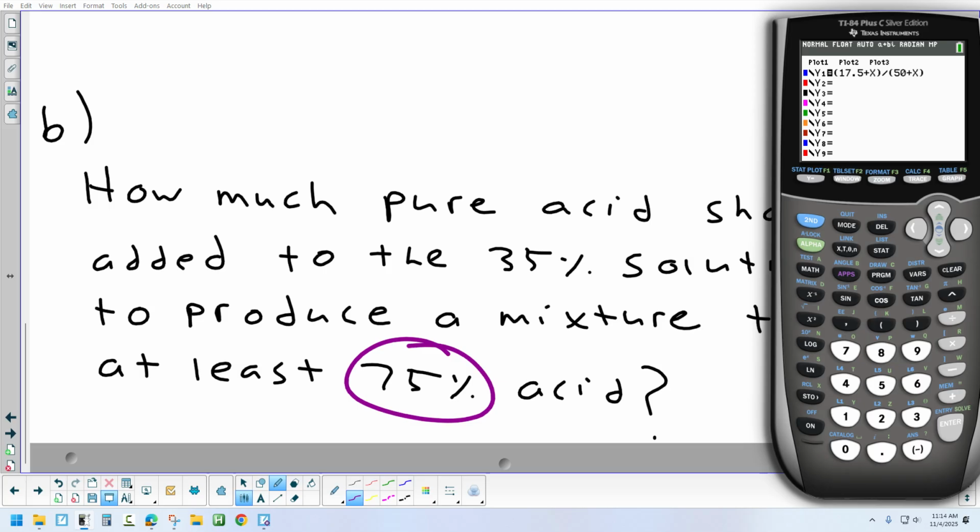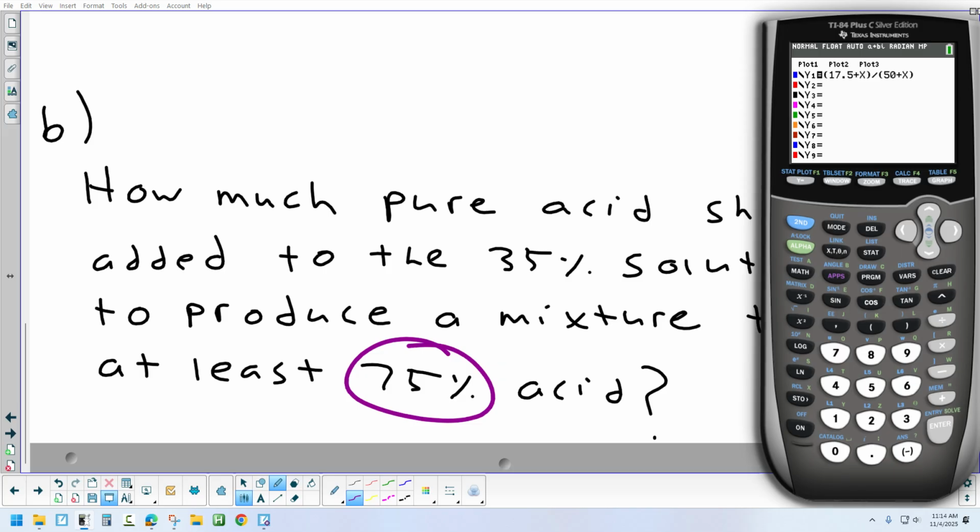It could approach 0 for the concentration of the water. If you kept adding acid, the concentration of the water would get closer to 0 because the acid would get closer to 100.